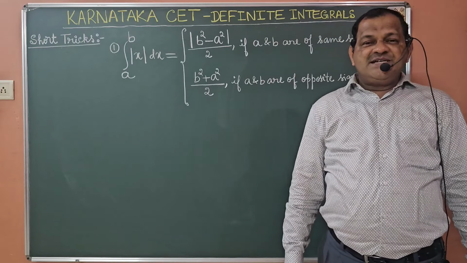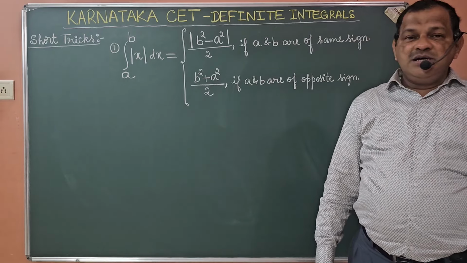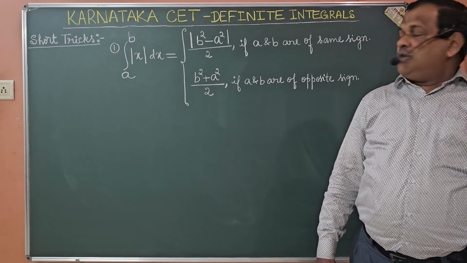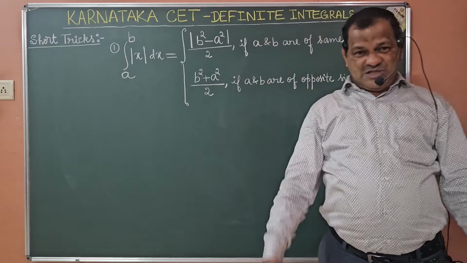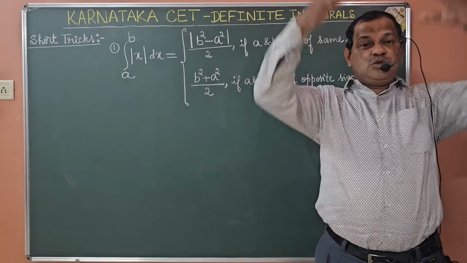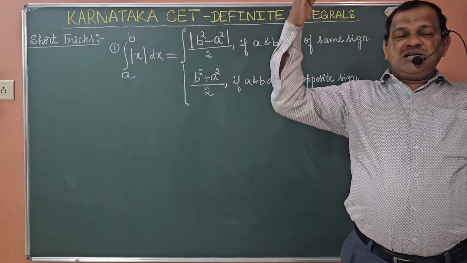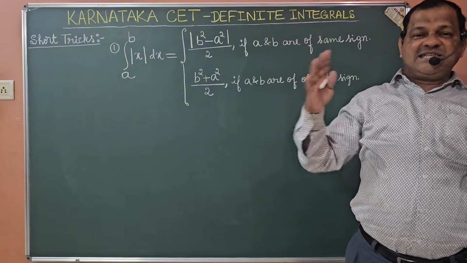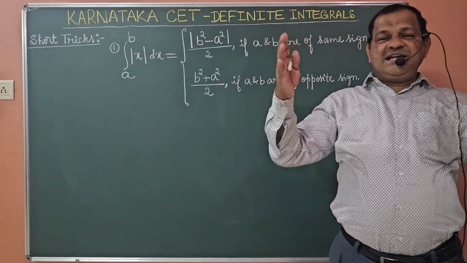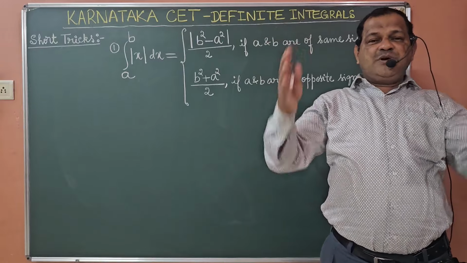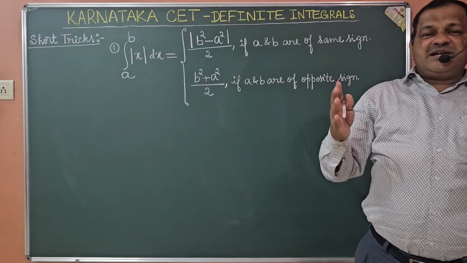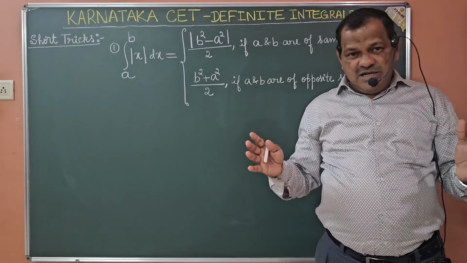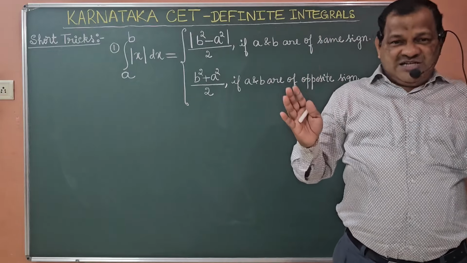Dear students, here I would like to give a few shortcut techniques which are very helpful, very useful in our Karnataka CET exam. In Karnataka CET exam, there are 60 questions to be answered in 70 minutes, but there are no negative markings.